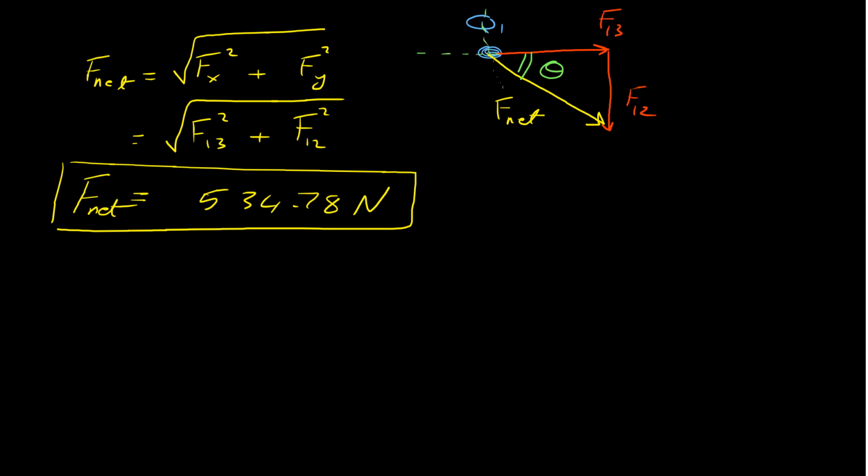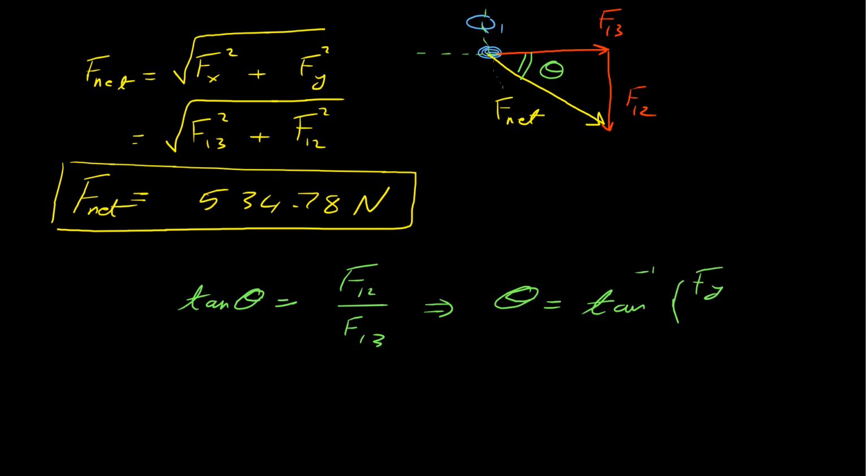So it's like here, that's the one here. Now, to do that, tan theta is going to be equal to F12 over F13. Then we can simplify it and say theta equals tan inverse of, not Fy, it's the same concept, nothing really changed, because F12 is also the y side.